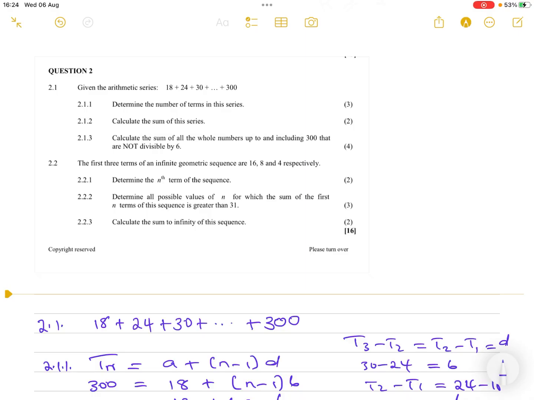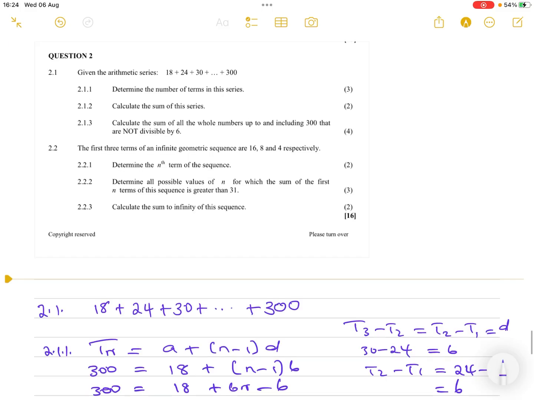So for us to get numbers that are not divisible by 6, we have to find the summation of all the whole numbers, and then from there we have to subtract those that are divisible by what?